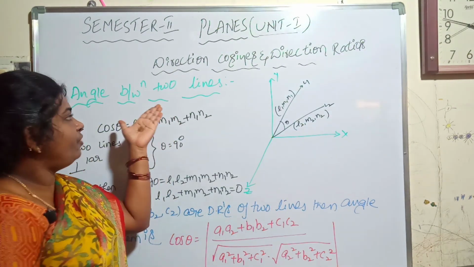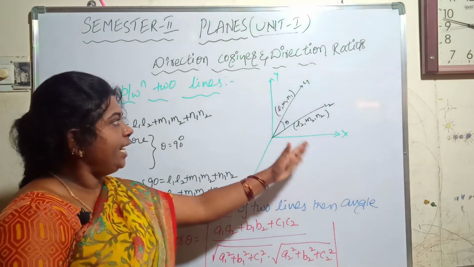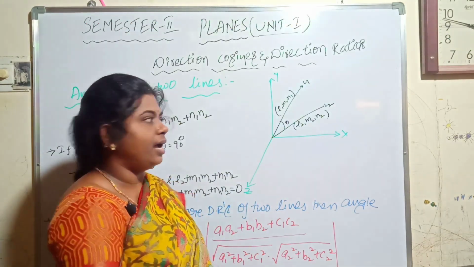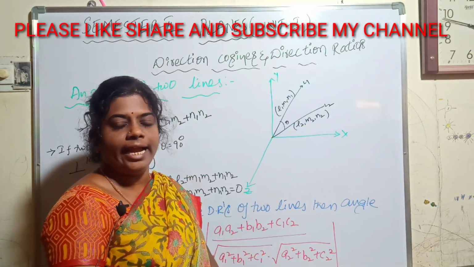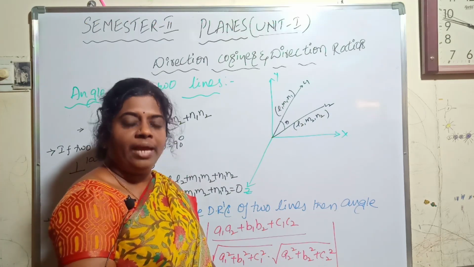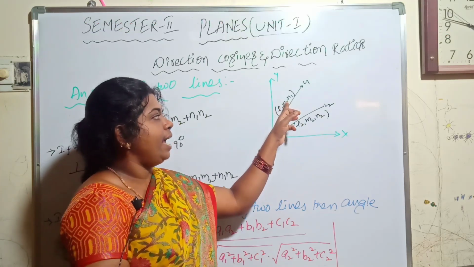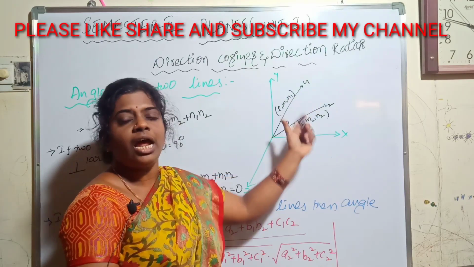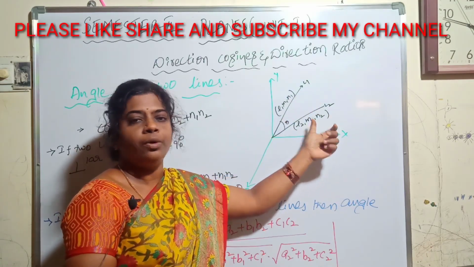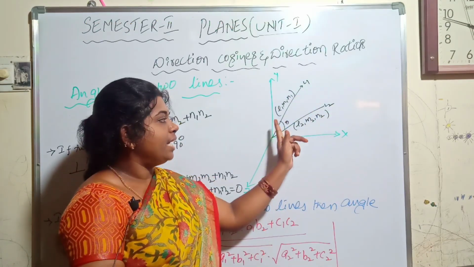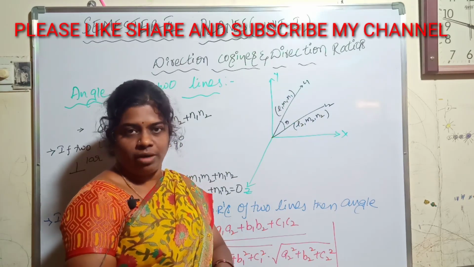Now, angle between two lines. Let XYZ be the coordinate axes and L1, M1, N1 be the direction cosines of line L1 and L2, M2, N2 of line L2, and theta is the angle between those two lines.